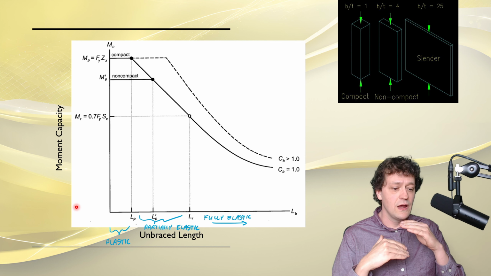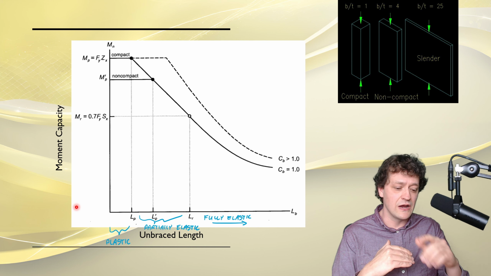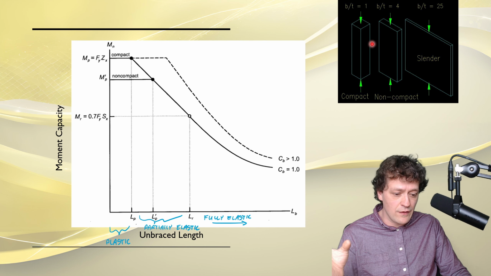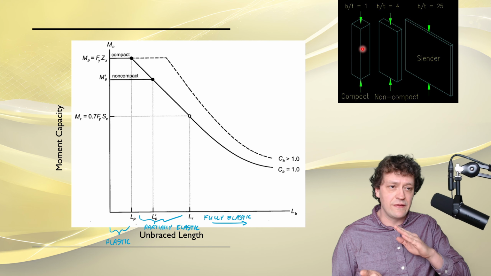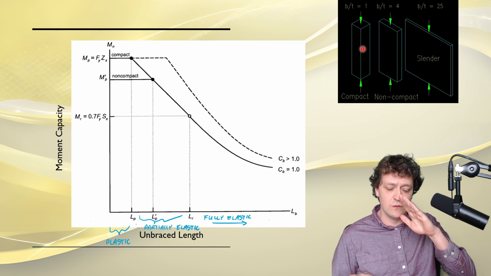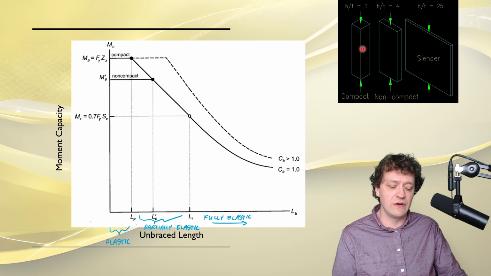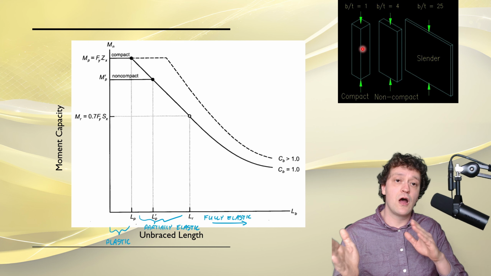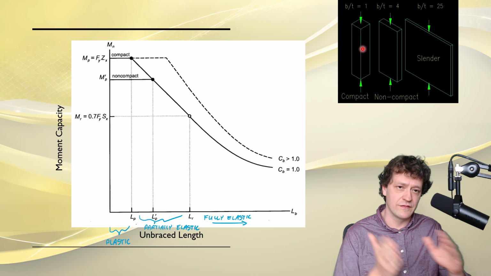column theory. It's the idea of a slender, a non-compact, or a compact section. Over here on the left, we have a compact section, and so when we are compressing that, it's going to squish. It's not going to bow out. It's not going to experience that Euler buckling. The non-compact section is halfway between a compact section and a slender section.